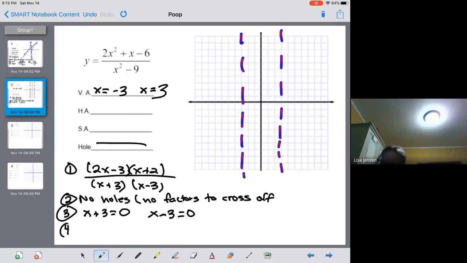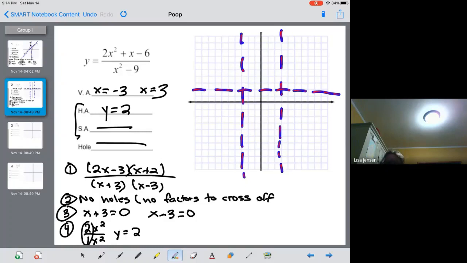Then we get to horizontal, and here the degree of the numerator is the same as the denominator. So that means we take the ratio of the lead coefficients, which is 2/1. So the horizontal asymptote, and that means there's no slant, is 2/1, which is just y equals 2.